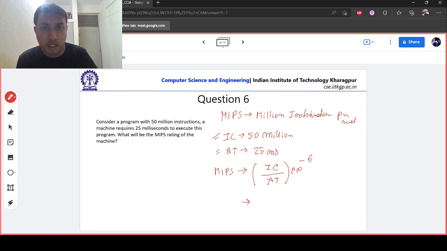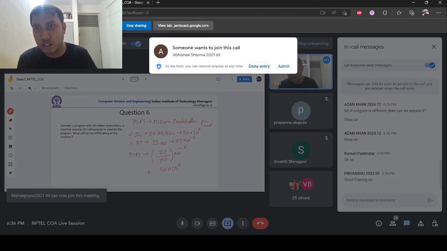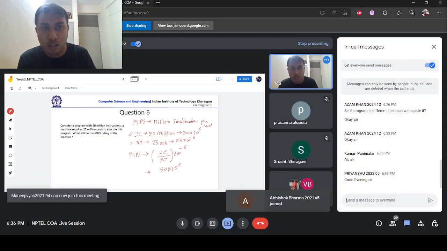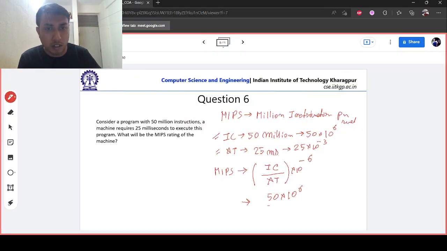So this will be 50 into 10 to the power 6 divided by 25 into 10 to the power minus 3, into 10 to the power minus 6.